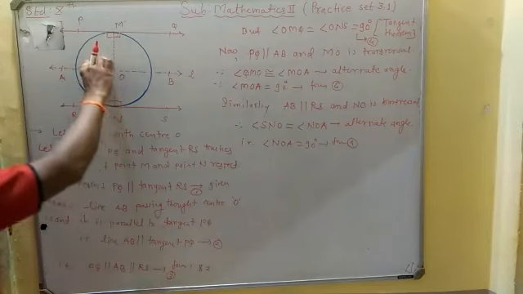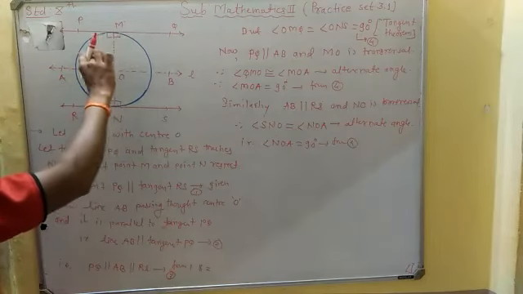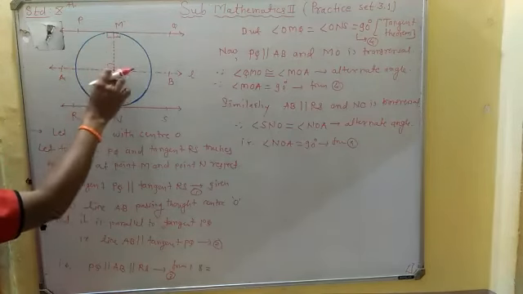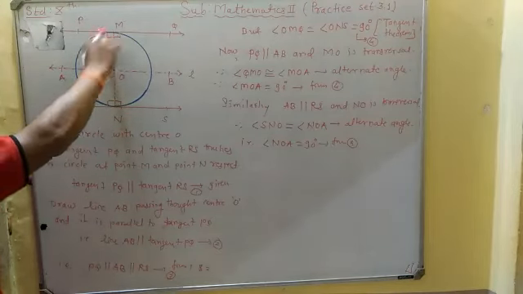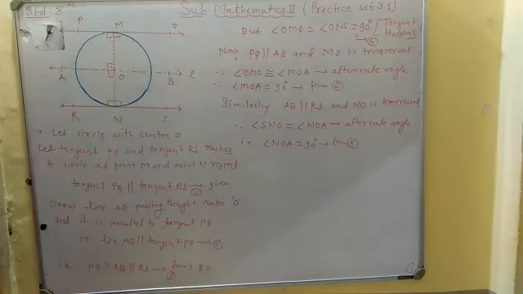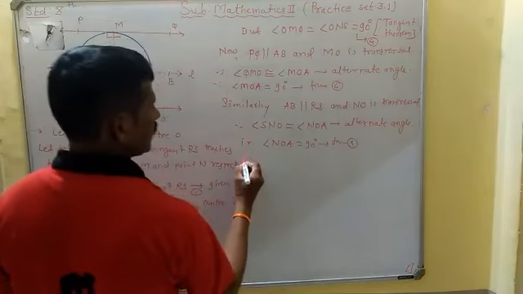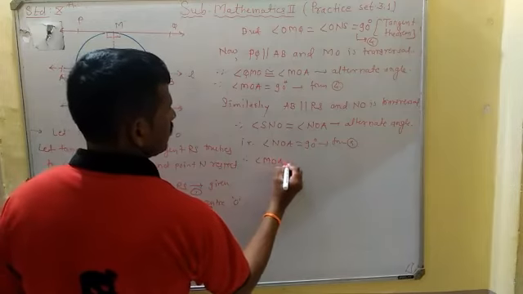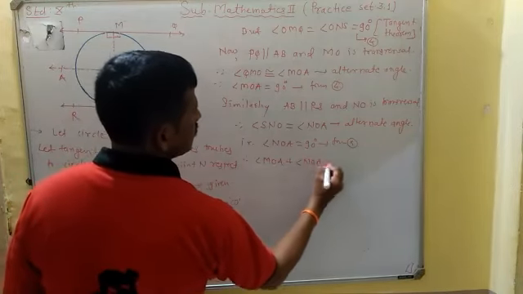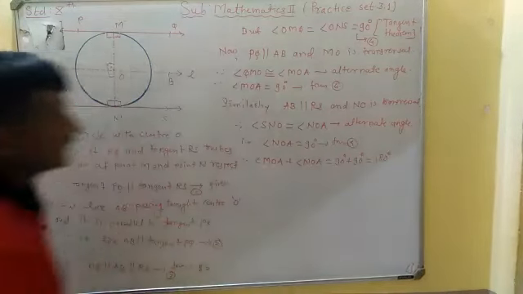That means they are adjacent angles and also supplementary angles, and their remaining two sides are opposite rays of each other, and hence we say that angle AON and angle AOM are linear pair angles, and OM and ON are opposite rays, and hence we say that M, O, N are collinear points. Therefore, angle MOA plus angle NOA is equal to 90 degrees plus 90 degrees is equal to 180 degrees.